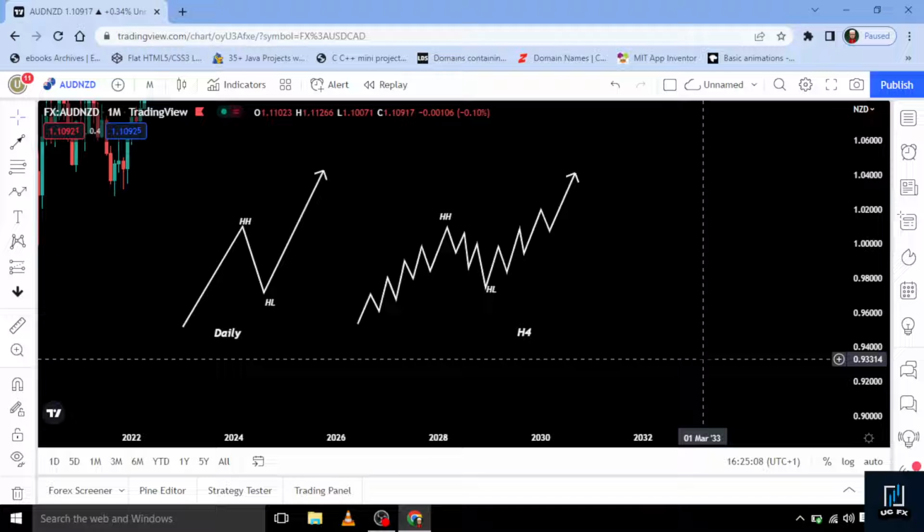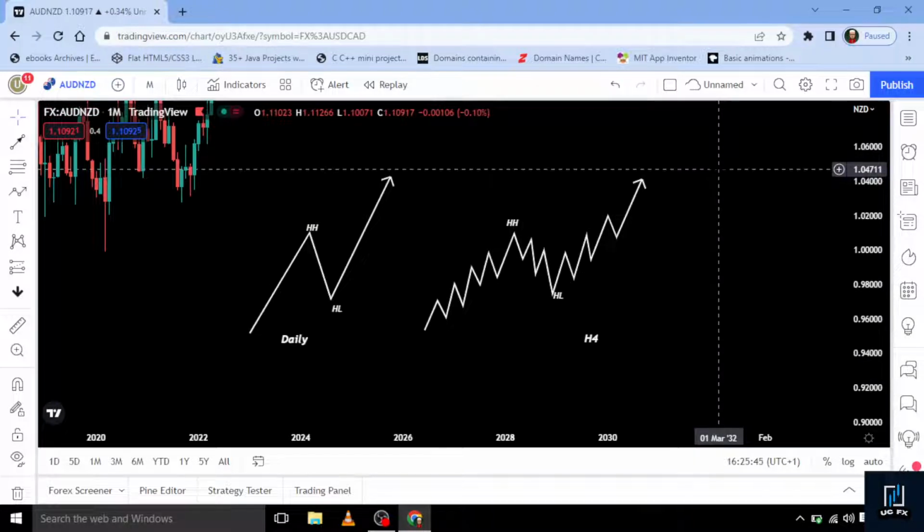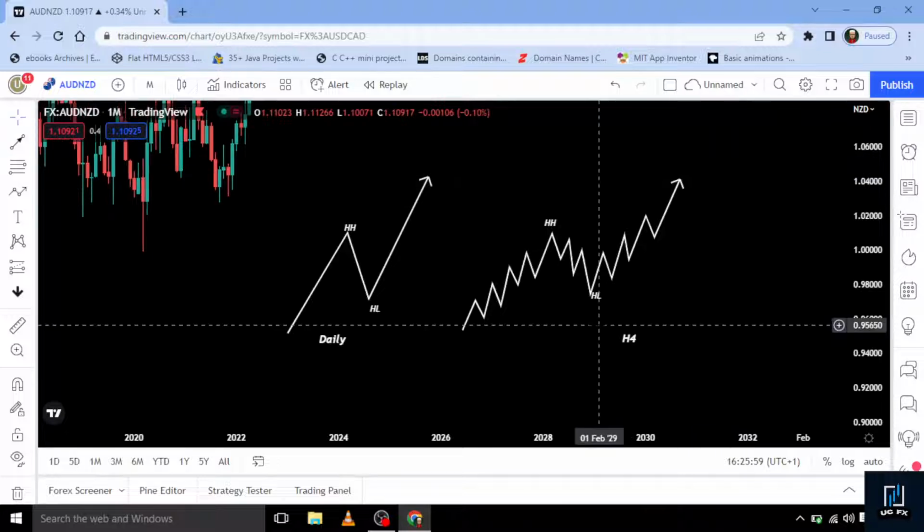So try to mark out on your higher time frame charts your point of interest that you would like to buy or sell from, and then go down to the lower time frames and wait for price to capitalize on the next price movement. So let me show you a total breakdown of how to do this.